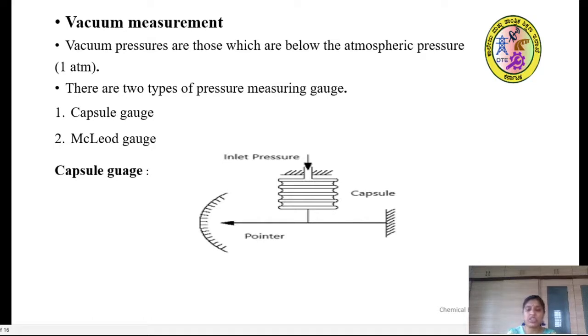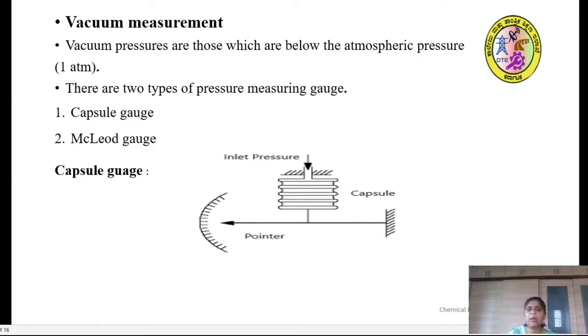We have learnt all these pressures in our last sessions in this unit itself, the different types of pressures and their measurement in different systems, whether CGS or SI units.